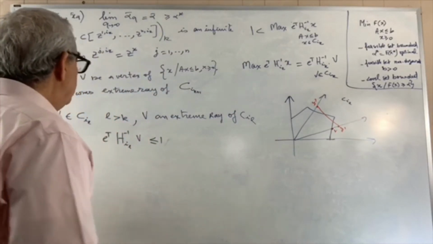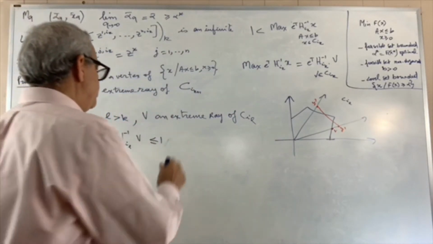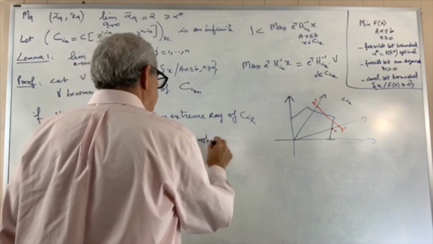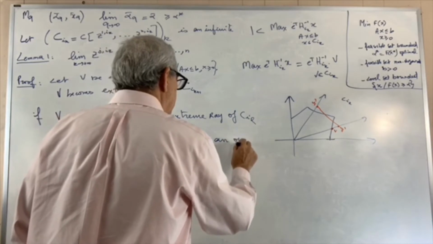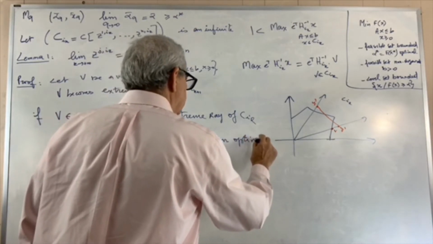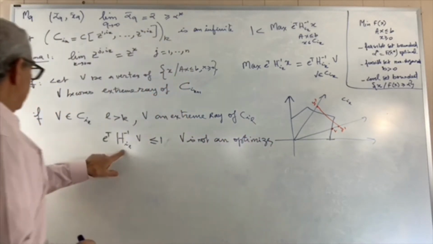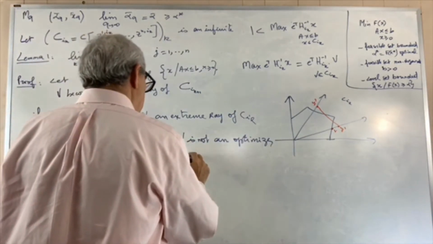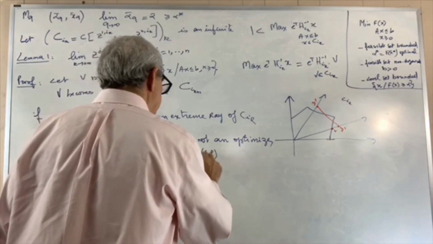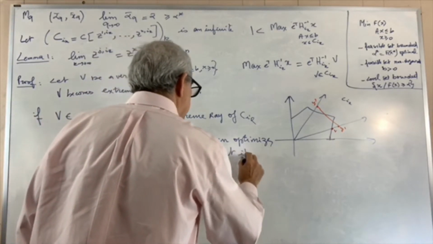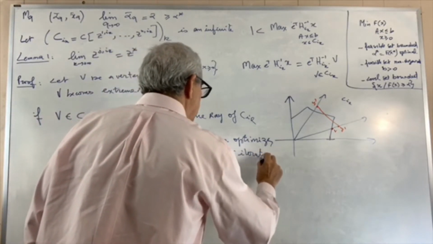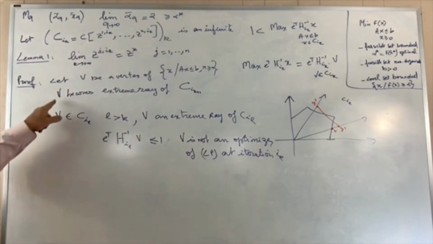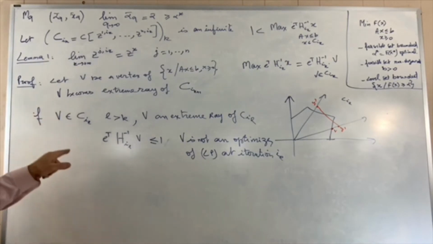And therefore, v is not an optimizer of the LP at iteration I_l. In other words, v is never going to repeat.